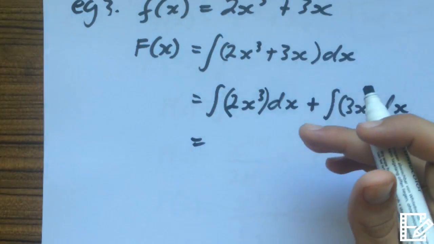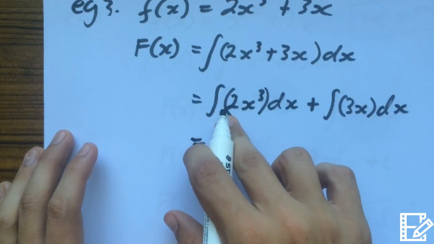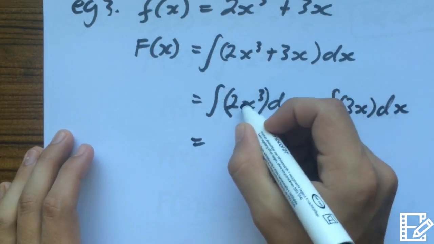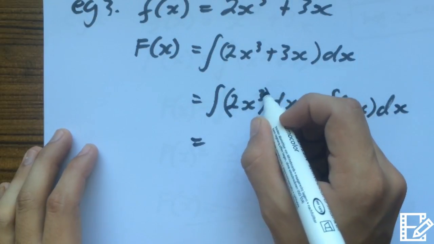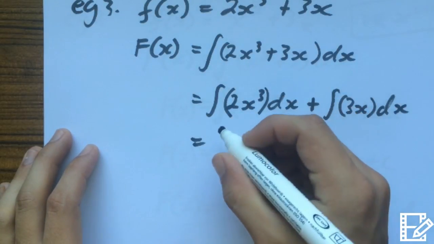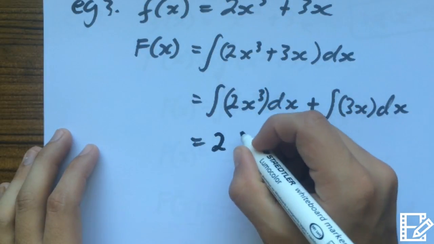There's also another rule of constants where, see how we've got 2 times x to the power of 3, that's a constant times x to the power of 3. And there are 2 rules of constants, and the second one says that we can bring the 2 in front.